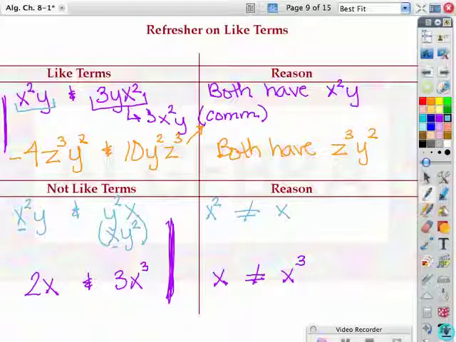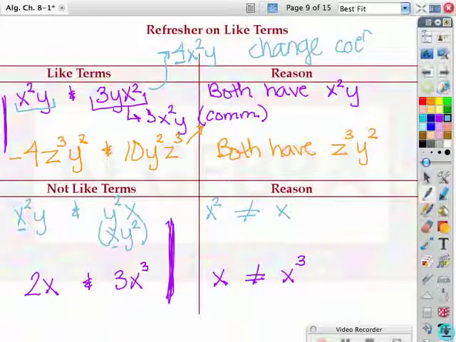We have 3, we have 1, so together we have 4 of those pens. So this would actually become 4x squared y if we were to add them. So do not change the item itself, change the coefficient, change the number. Change coefficient only.